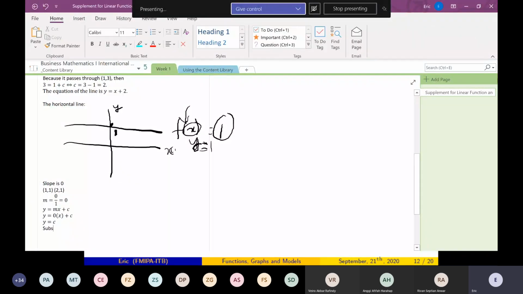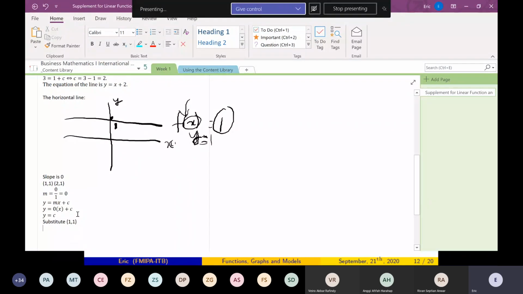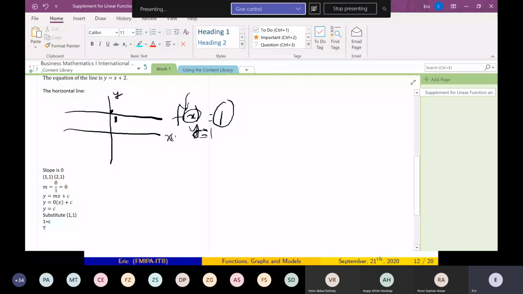And you can substitute 1,1, so 1 equals c. So the equation of the line is y equals 1. So for all x, the height y is always equal to 1.